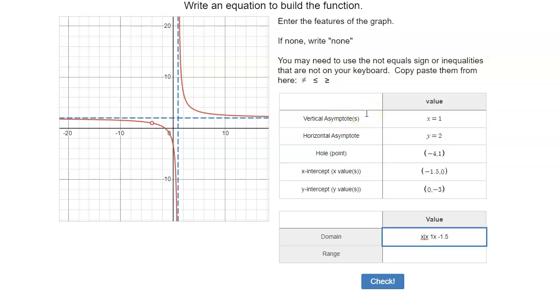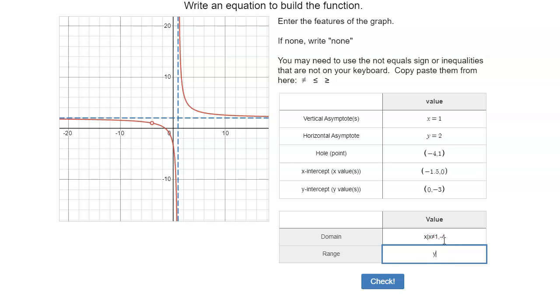And it also cannot be where we have a hole, where x is equal to -4. So what I'm going to write is x is not equal. I have these symbols up here that are not on your keyboard. You can copy paste them, Control-C, Control-V up there. So it's not equal to 1 nor -4. Okay, so you can put 1 comma -4 for that.